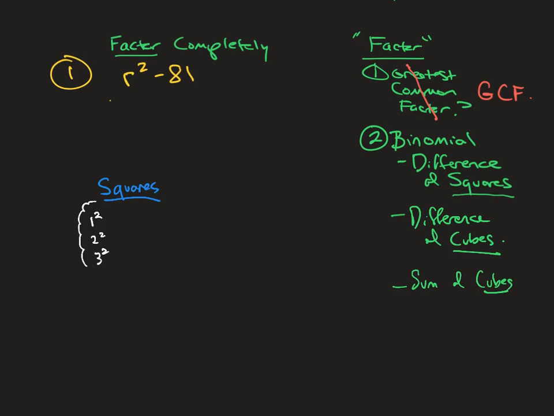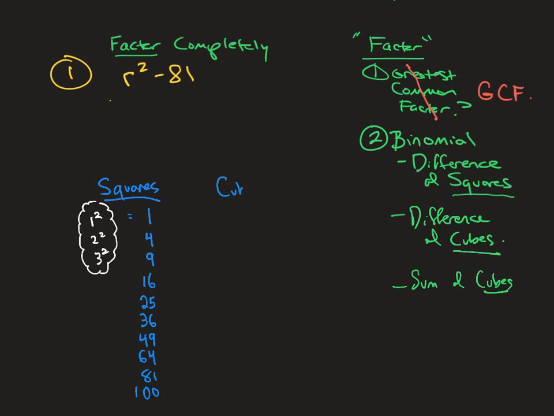That's what we're thinking when we make this list, and that goes on. 1 squared equals 1. 2 squared is 4. 3 squared is 9. 4 squared would be 16, 5 squared, 6 squared, 7 squared, 8 squared, 9 squared, 10 squared. And you might even want to make a longer list than that.